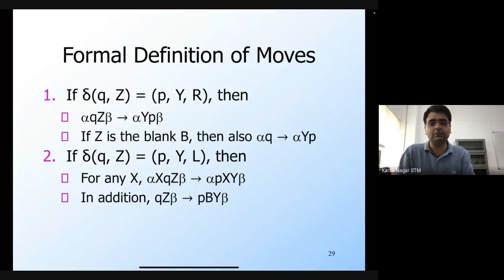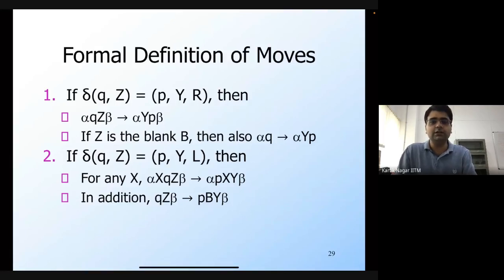Then it replaces whatever was under the read head, potentially again with the same symbol, and then it moves the read head one square to the left or the right. And it's possible that a TM may not do anything for some particular state and a particular symbol under its read head.